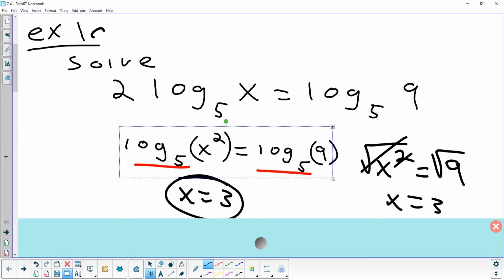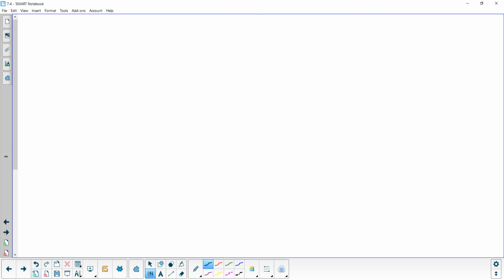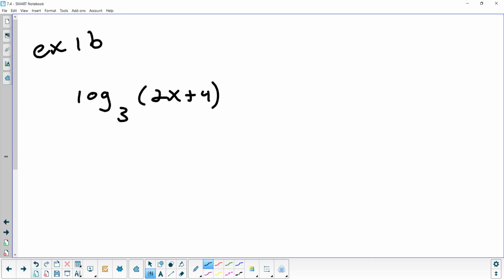All right, let's try another one like that. Let's do log base 3 of 2x plus 4 equals log base 3 of 3x. Actually, you know what?